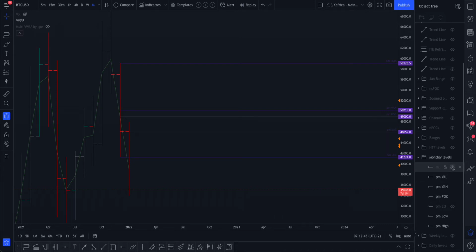I'll hide this, so you'll see the previous month value area low is 46059, and then the monthly open is 46195, and then there's another level that's overlapping. If you see, the previous month value area high is 5215, and the previous month equilibrium is 5201.